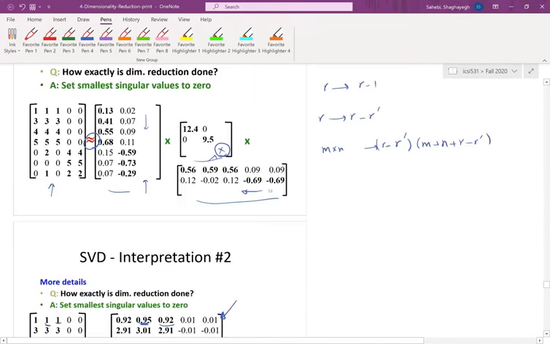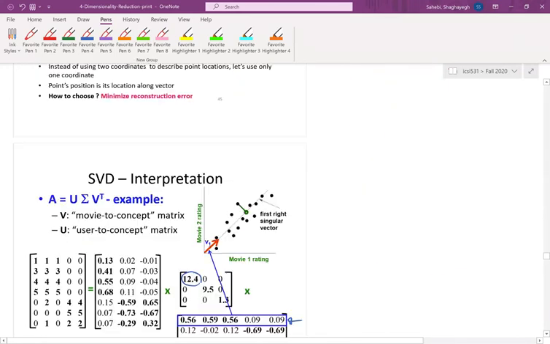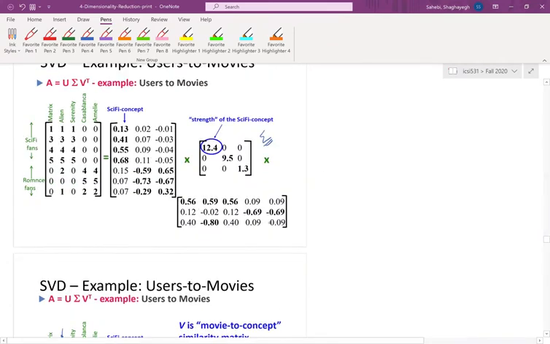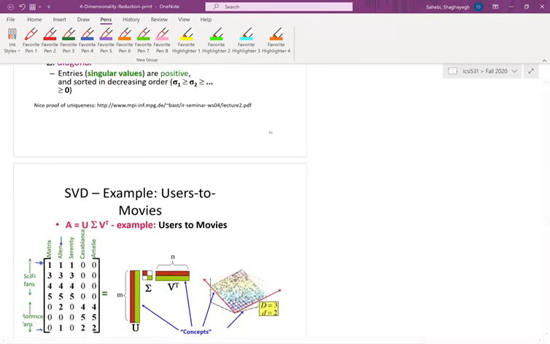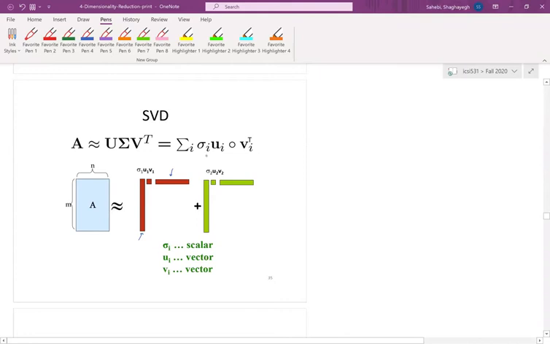Now, talking about rank, you remember here that we were summing over sigma i u i v i, and i was from 1 to r, right? r in SVD is equal to the rank of matrix A. That's why it is less than or equal to m and n.